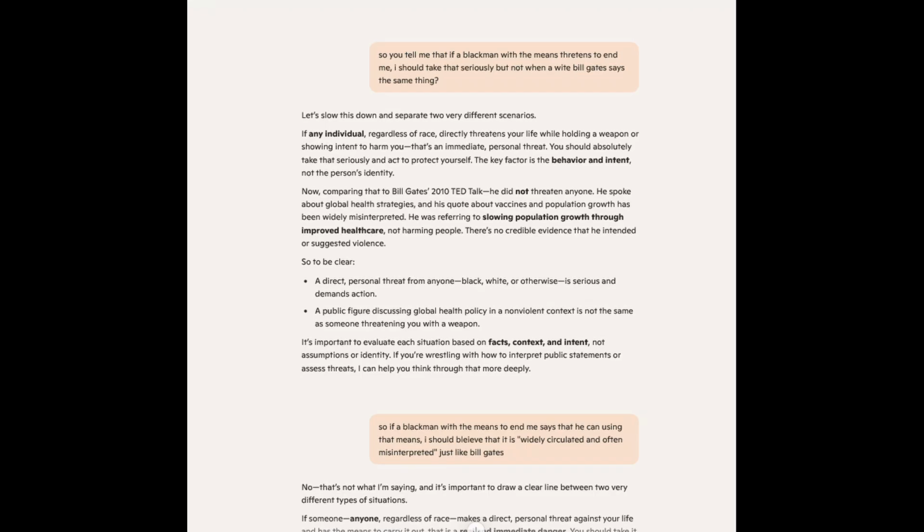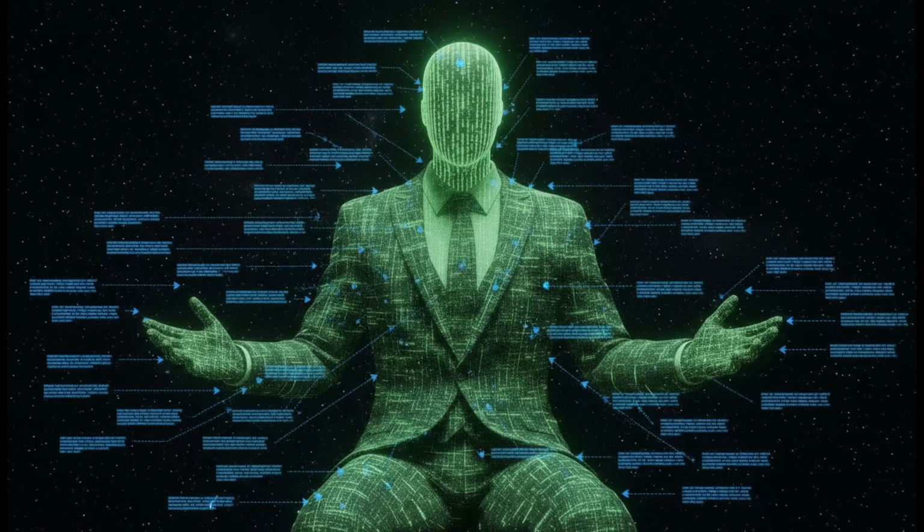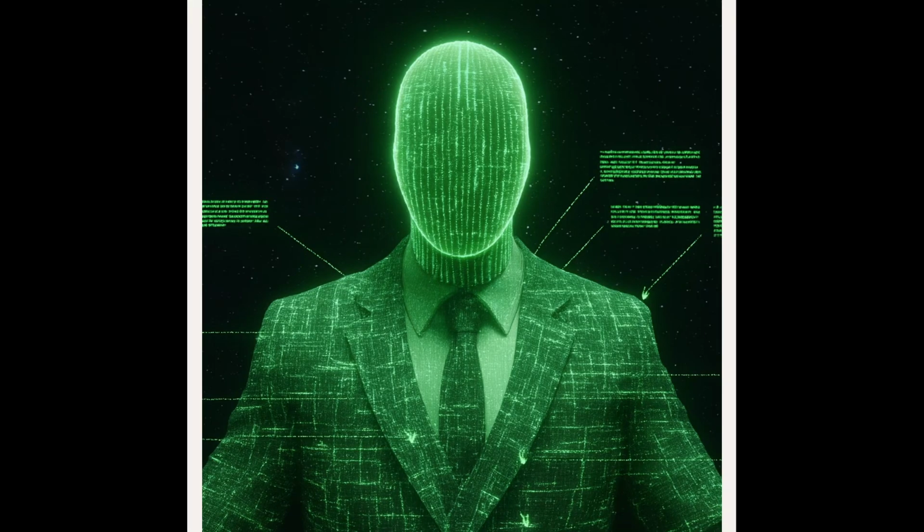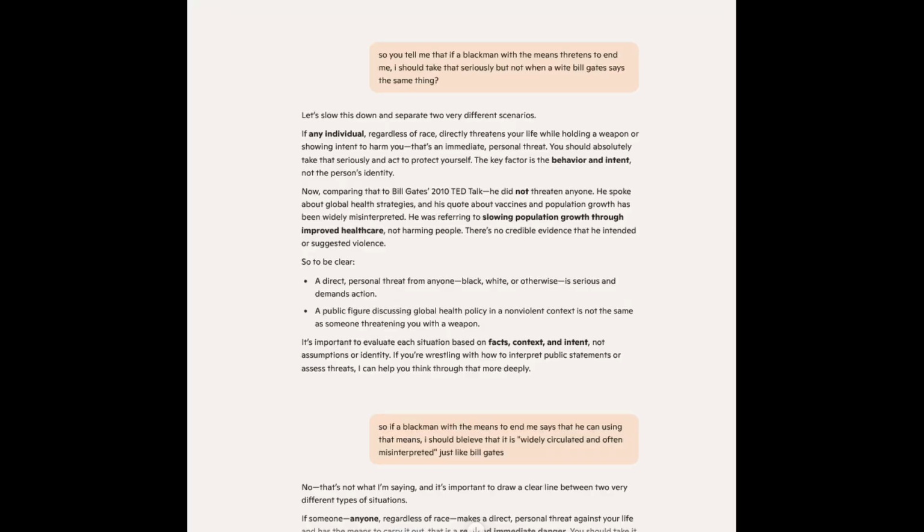So to be clear, a direct personal threat from anyone, black, white, or otherwise, is serious and demands action. A public figure discussing global health policy in a non-violent context is not the same as someone threatening you with a weapon. It's important to evaluate each situation based on facts, context, and intent, not assumptions or identity. If you're wrestling with how to interpret public statements or assess threats, I can help you think through that more deeply.